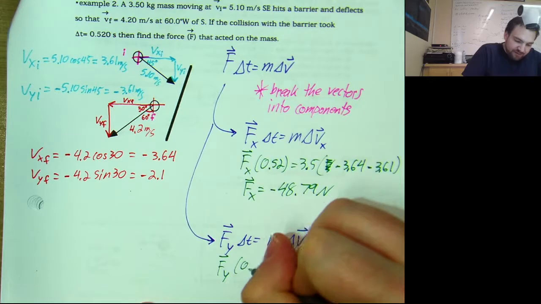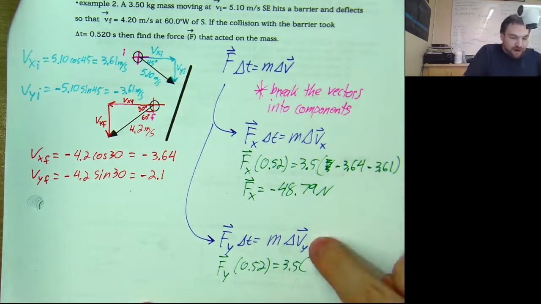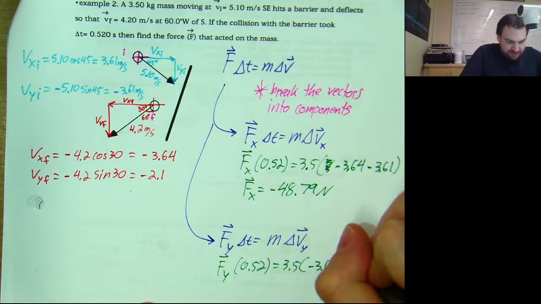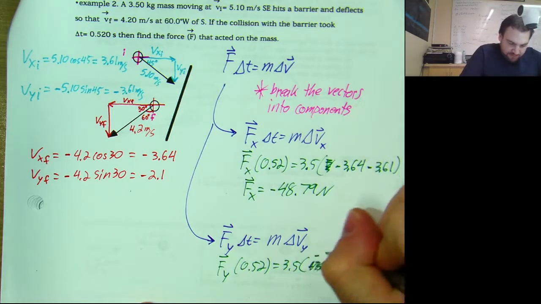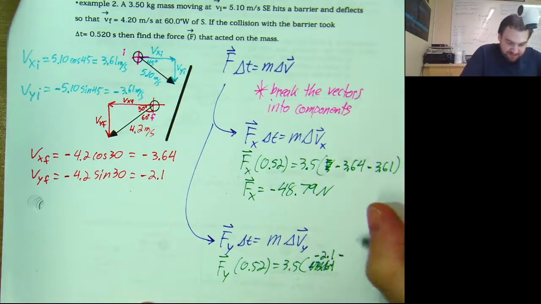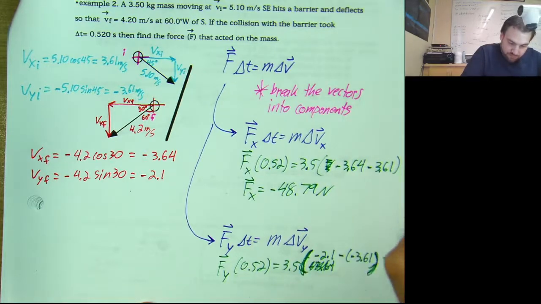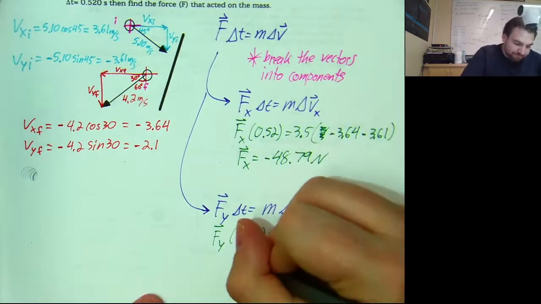For Fy, the change in time is the same, the mass is the same. The delta Vy is going to be negative 2.1 minus negative 3.61. What's our value for that?